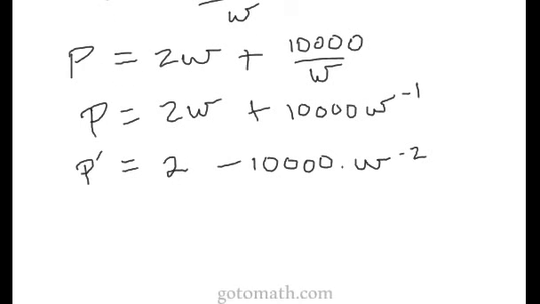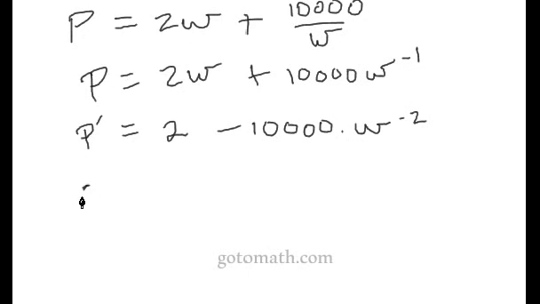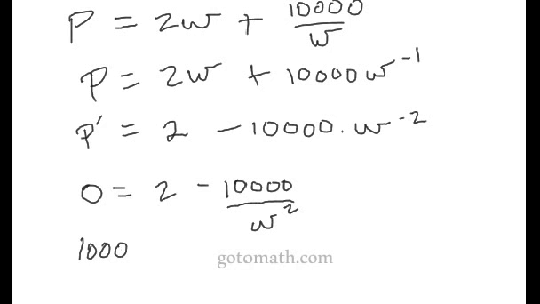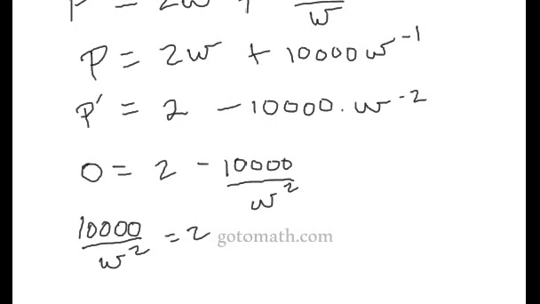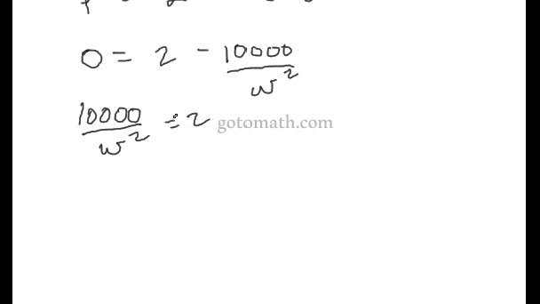And we're going to go ahead and set P prime equal to 0 and solve for W. And I'm going to write W down here in the denominator. All right, so bringing this over to the left, let's bring that W squared up towards the top.